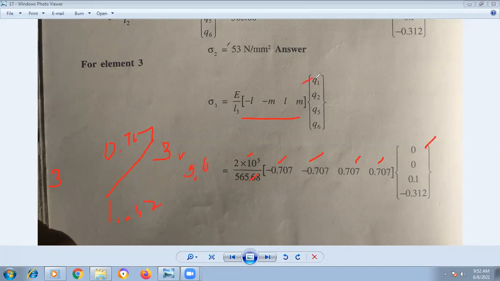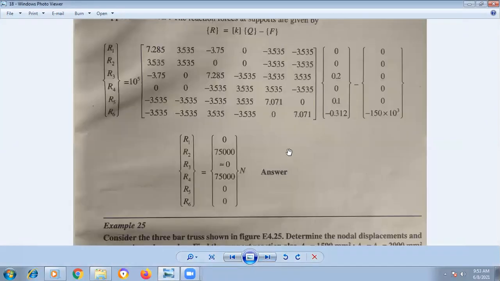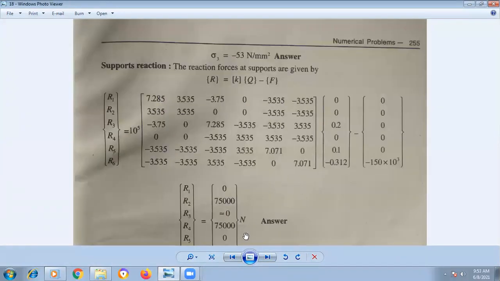So Q1, Q2 are zeros, Q5, Q6 you have: 0.707 into 0.1 plus 0.707 into 0.312. You multiply the whole thing with 2 into 10 raised to 5 and 565.68. Once you write this, you will get the stress in the element as minus 53 Newton per millimeter square.